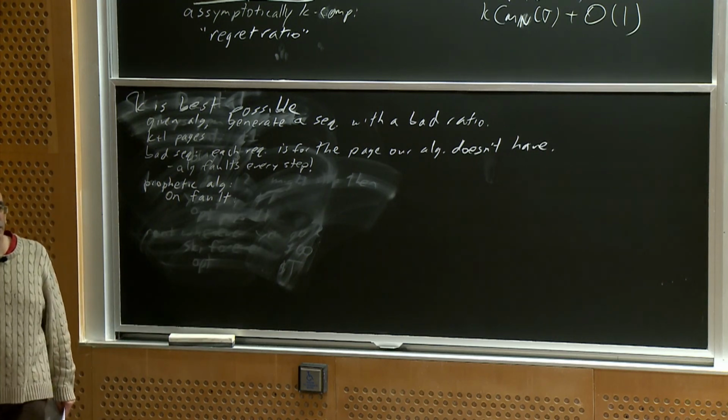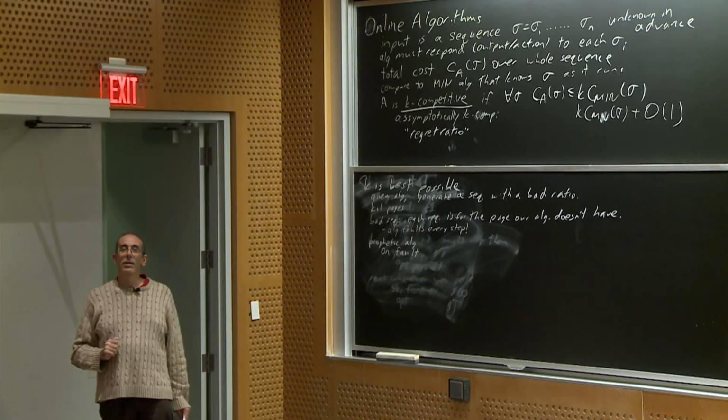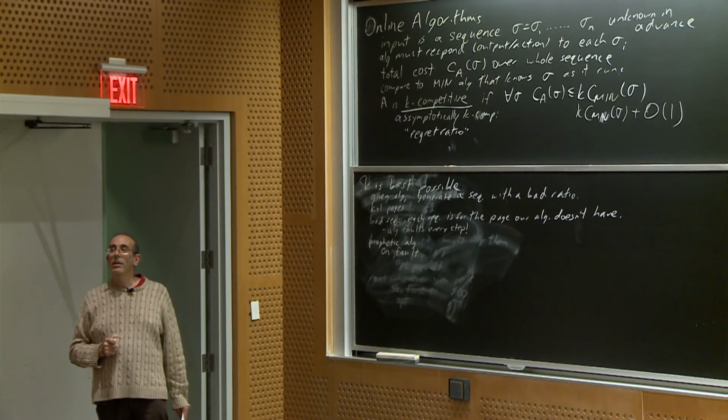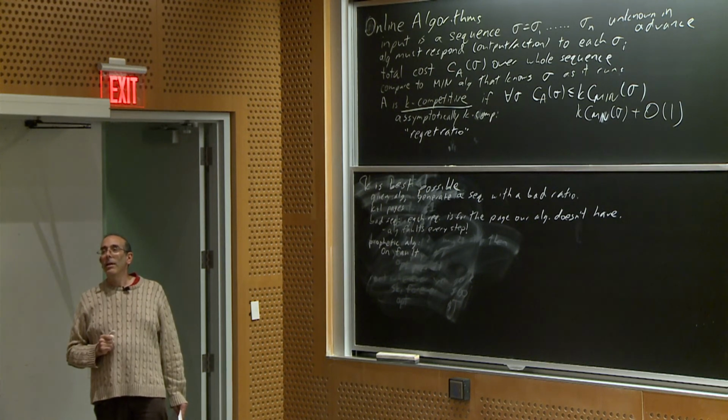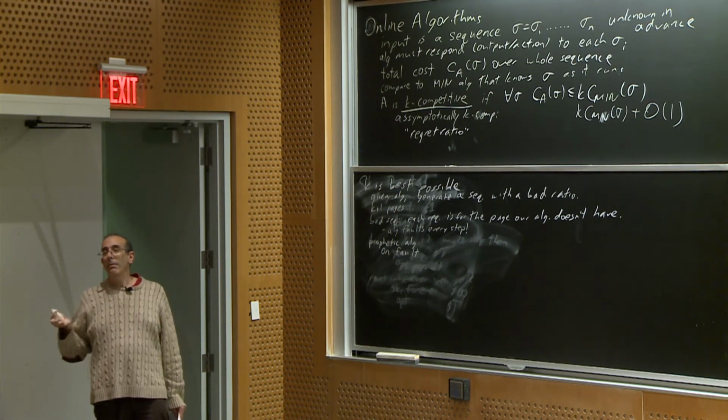What should we evict? Yes? You can use MRU. What do you mean? Like the most recent, instead of the least recent. Well, if I evict the most recently used page, it's possible that the sequence might ask for it again.